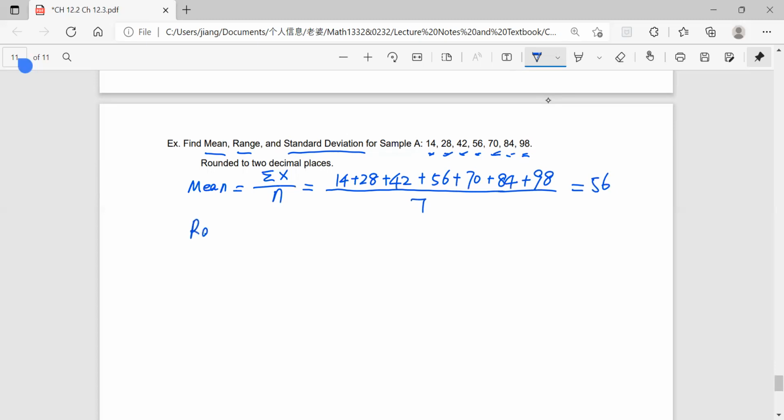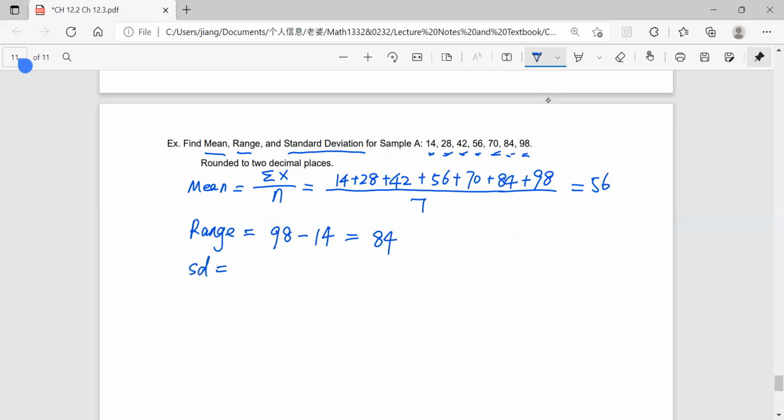How about the range? Range equals the greatest number minus the smallest number. The greatest one is 98 and the smallest is 14, so this one is 84. This is the range of the data. And how about finding the SD?